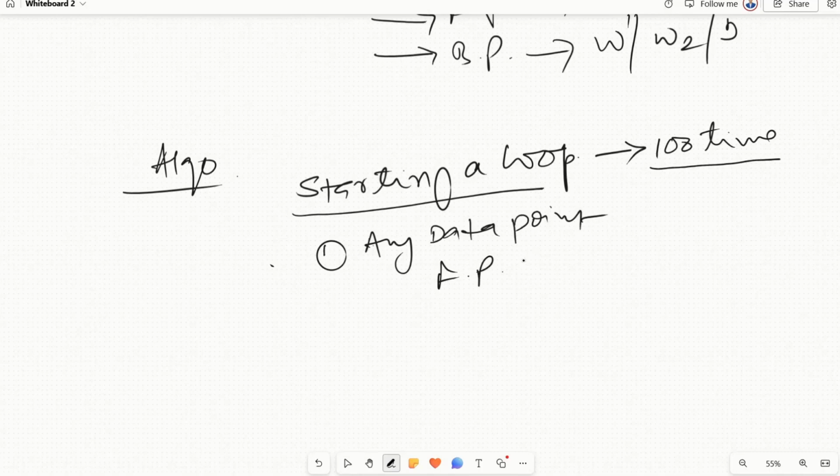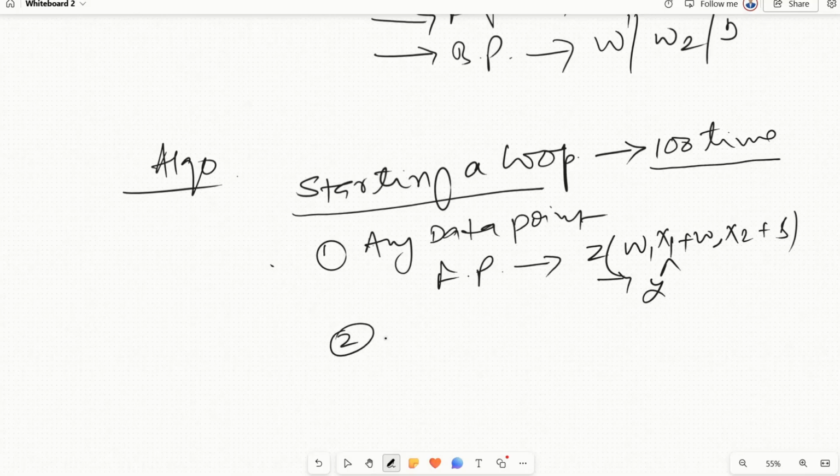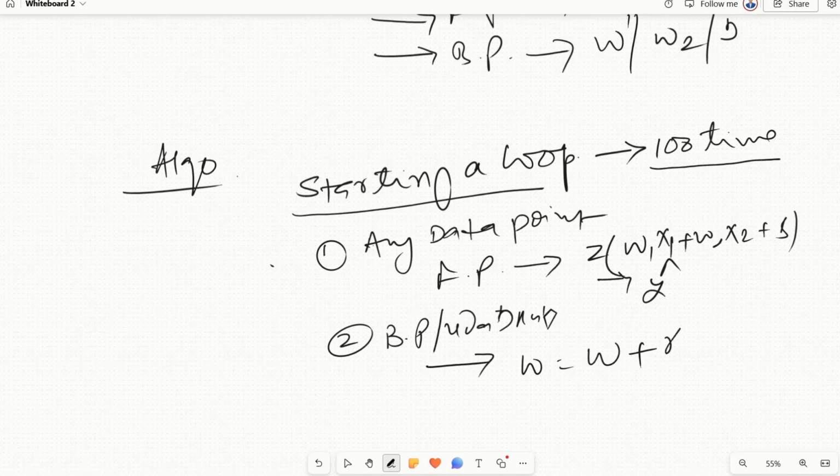After forward propagation, basically we are applying z = w1x1 + w2x2 + b, and it will give me y predict. This is what we are doing. Then step number 2, we apply the backward propagation, or the update rule, and here we are updating our weight. The rule is w = w + eta (y - y predict) x.